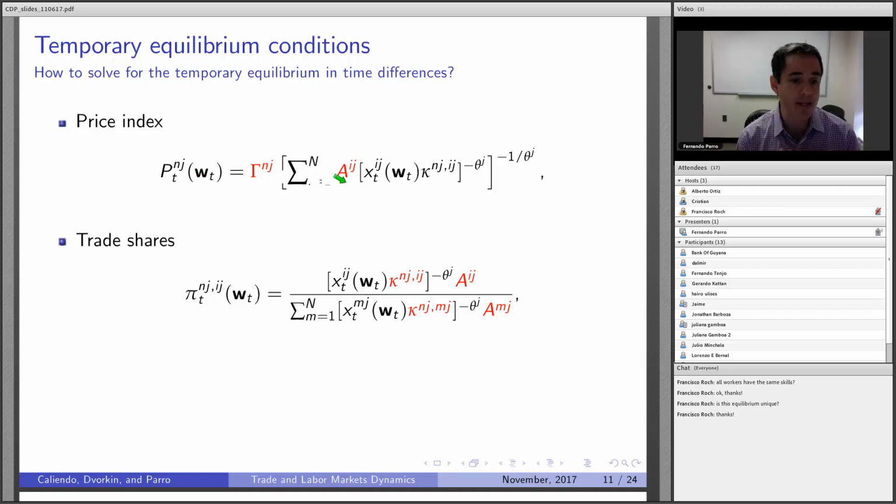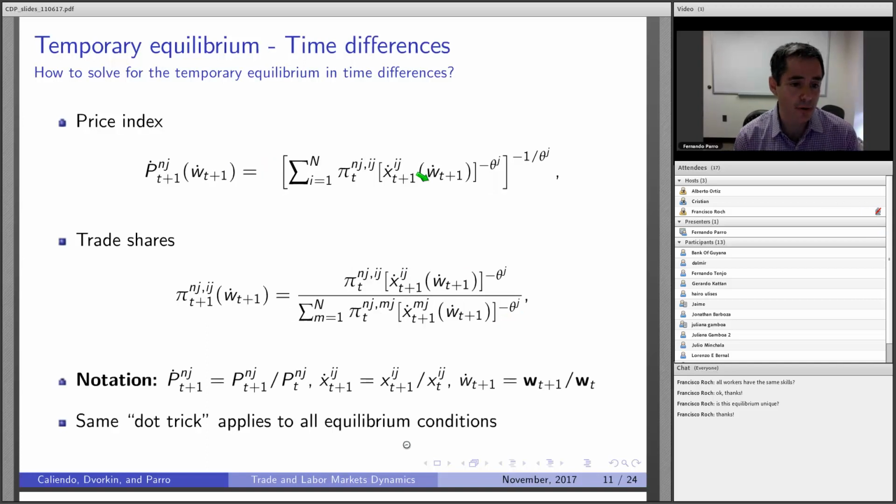So remember the price index and the gravity trade equation that, of course, in levels depend on unobservables such as productivities and trade costs. So again, instead of solving these equations in levels, we are going to express these equilibrium equations in time differences.